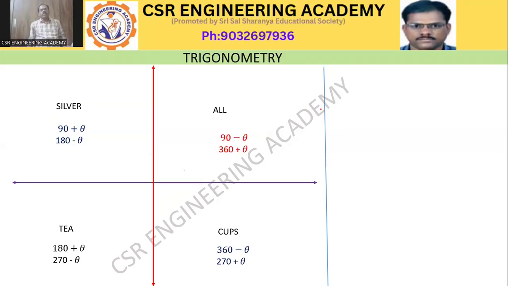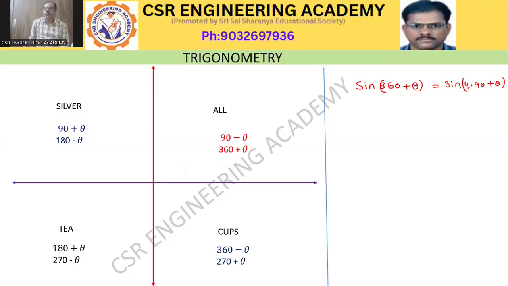So let us see the simplest way to remember all these formulas. Suppose sine 360 plus theta is equal to sine 4 into 90 plus theta. So 4 into 90 is equal to 360, plus theta.